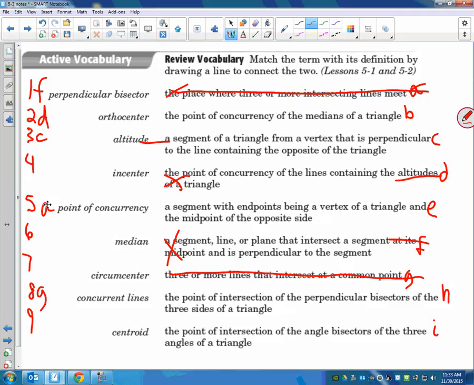Incenter, is that the medians or is that the perpendicular bisector? The point of concurrency of the medians of a triangle.